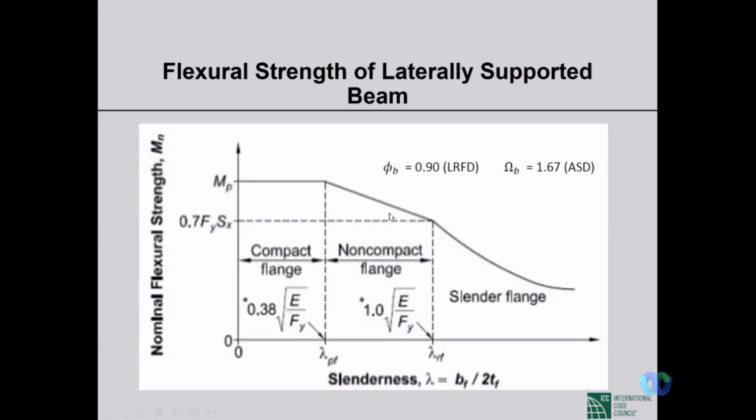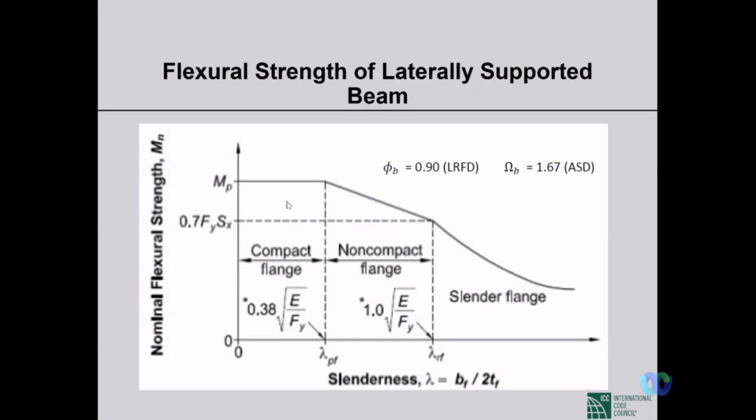What we can expect is that there will be inelastic buckling. So there will be some fibers that reach sigma y, but it will ultimately buckle. In the compact flange, when the slenderness ratio is less than lambda p, we can expect almost a plastic limit state, that is Mp, the plastic moment, where all the fibers will reach sigma y. So you'll have very high capacity.